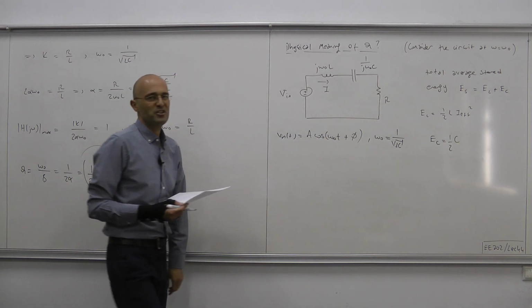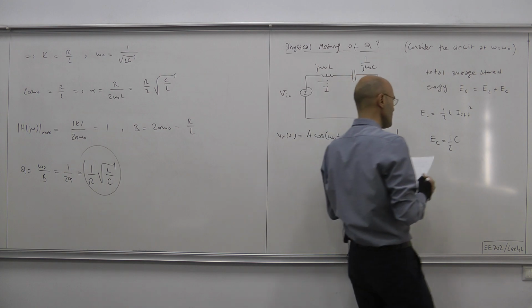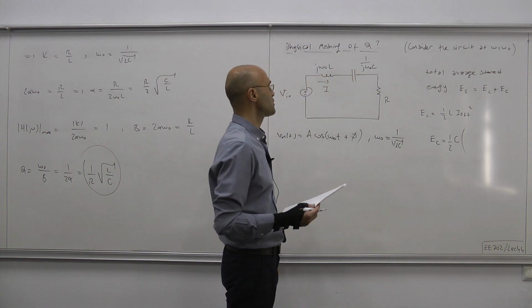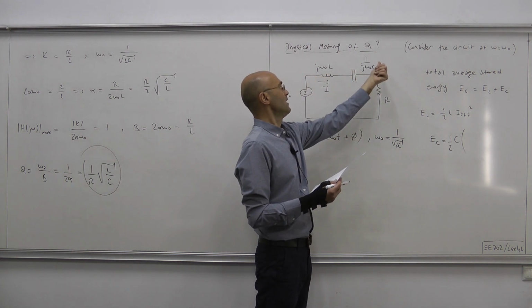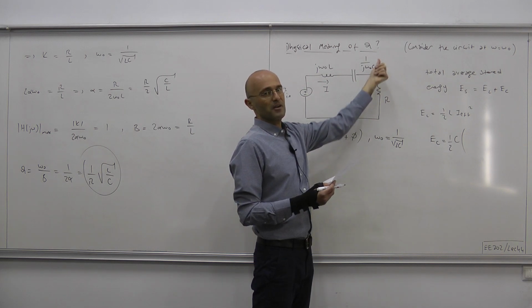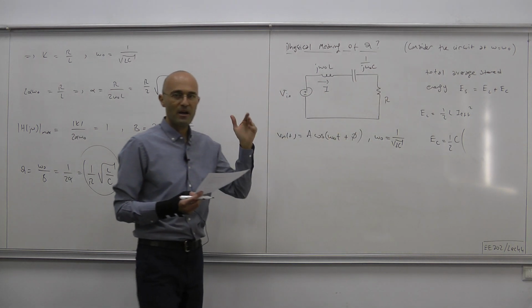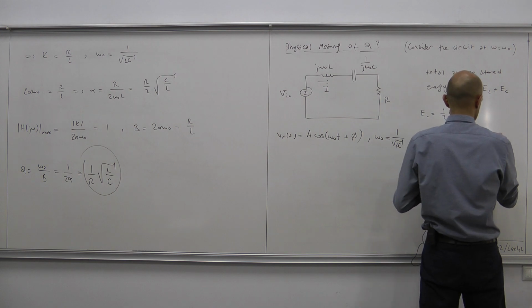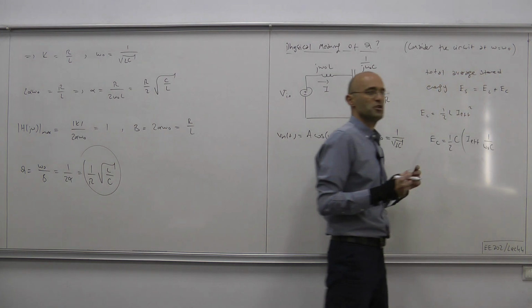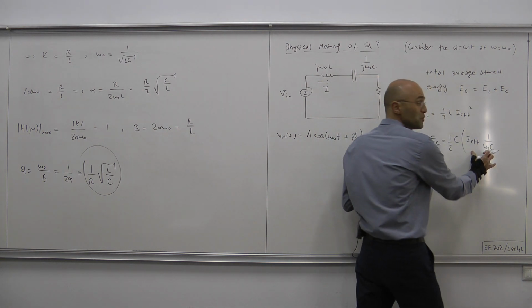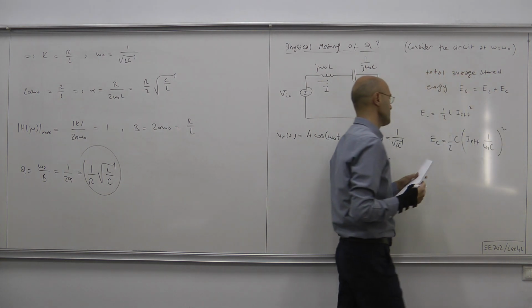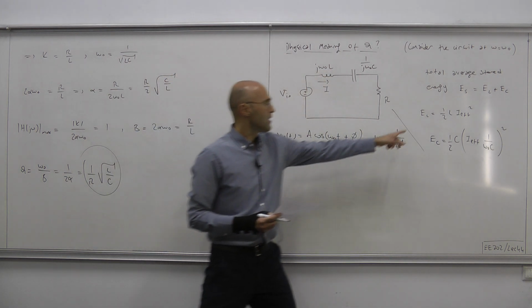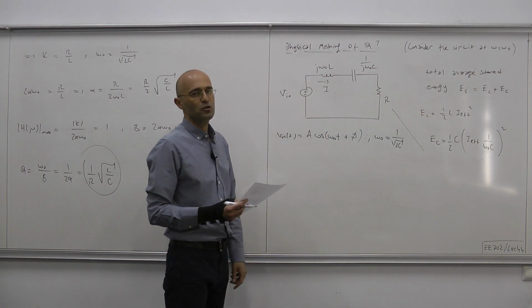But now let's express everything in terms of the current. The effective value of the capacitor voltage is the magnitude of the impedance of the capacitor times the effective value of the current passing through it. So we have I effective times the magnitude of the impedance, which is 1 over omega 0 C. That produces V effective, and then we square it to figure out the energy. This plus that produces the total stored energy.